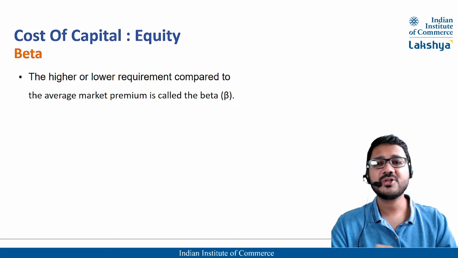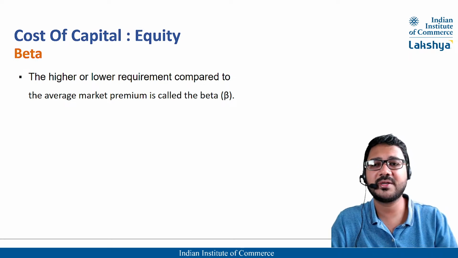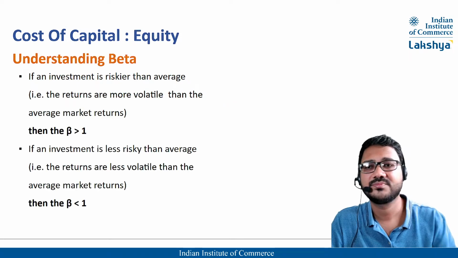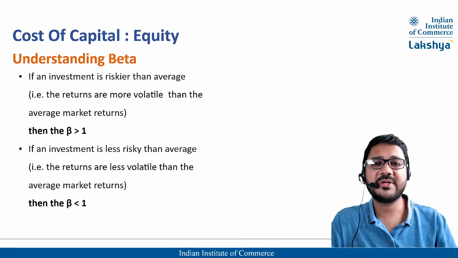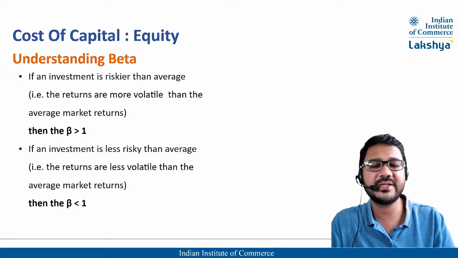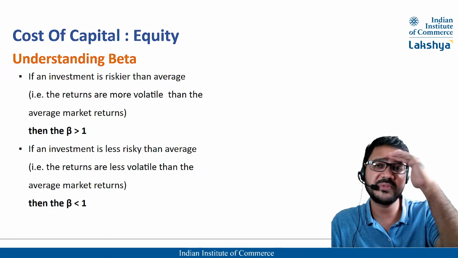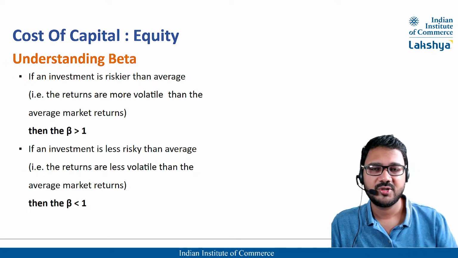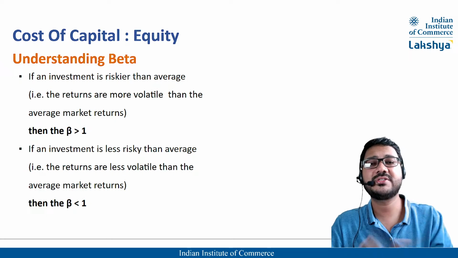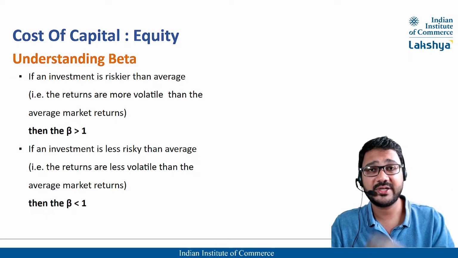So the higher or lower requirement compared to the average market premium is called beta. If an investment is riskier than average, that is, the returns are more volatile than the average market returns, beta will be greater than 1. Like Tesla, it was 2, a highly risky stock or investment.